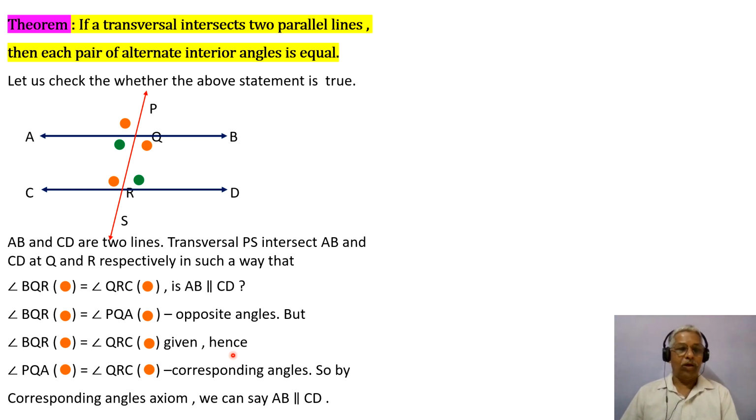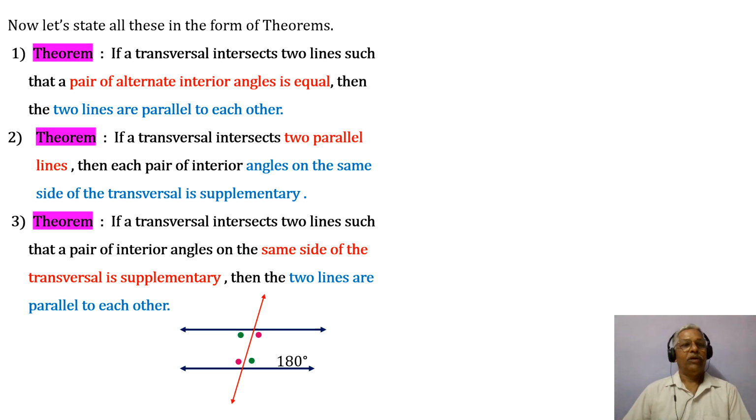So this is equal to this, and this is equal to this. Therefore, this is equal to this. Very simple. Now, therefore, angle PQA is equal to angle QRC, and these are corresponding angles. So, by the corresponding angles axiom, we can say AB is parallel to CD. Very simple. Now let us state all these in the form of theorems.